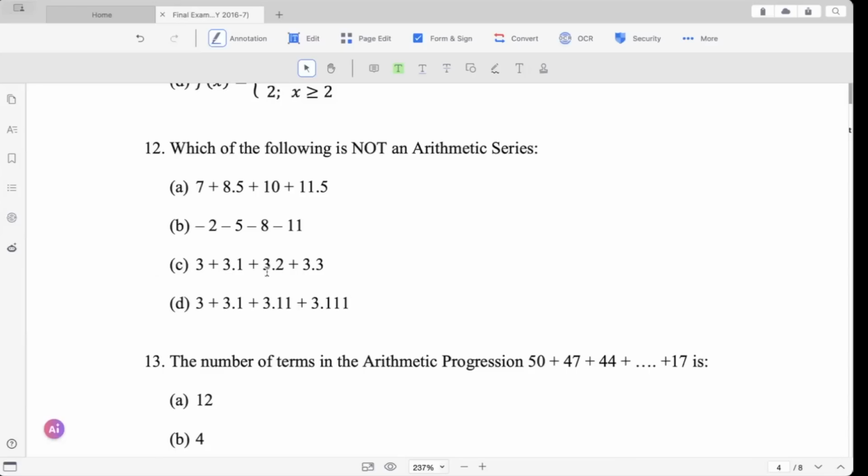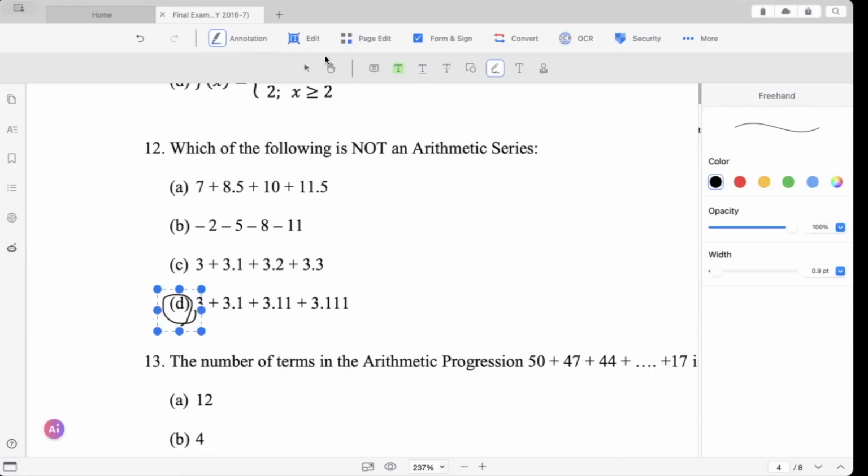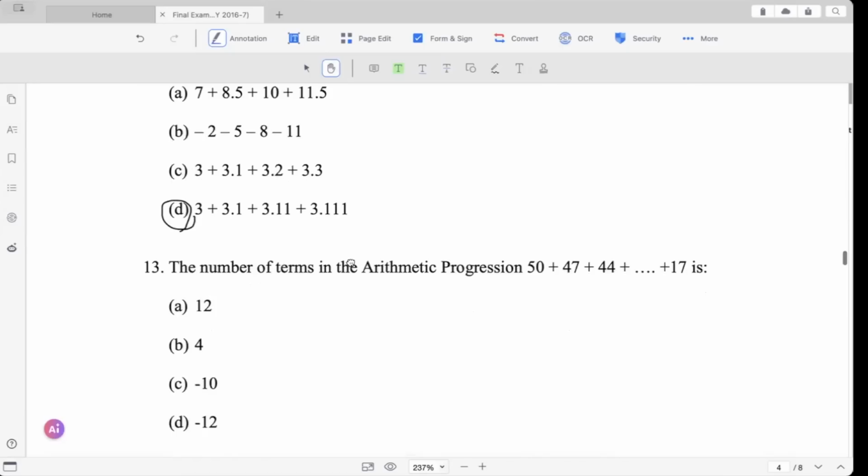And 3.2 plus 0.1, that's 3.3. So that means this is not, because this is going up by 0.1. Well, it should be, but when I add 0.1 to 3.1, it's not giving me 3.11. So this is not going up by a constant number, so that's not an arithmetic series.